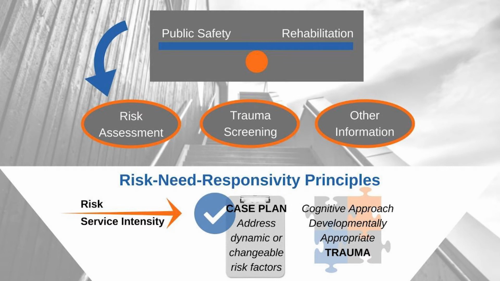We have, of course, a risk needs assessment, the Youth Level of Service Case Management Inventory, designed to identify the level of risk for future delinquent behavior and the types of criminogenic needs that are going to be important to focus on in terms of a youth case plan.